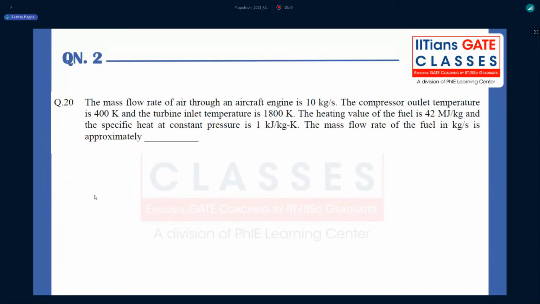So the best way to approach this kind of problem is to first draw the control volume and get all the variables cleared out. So I have a combustion chamber. I have a few inlet conditions.